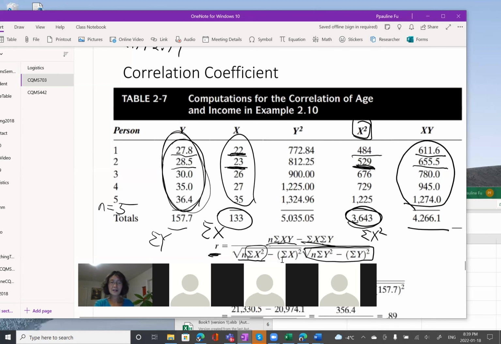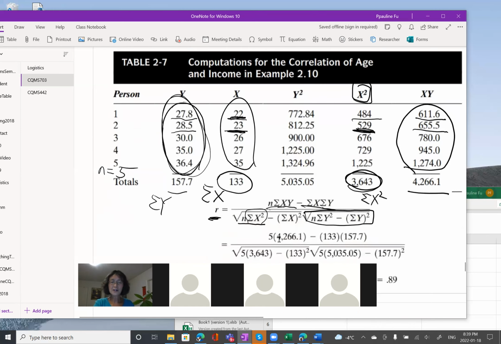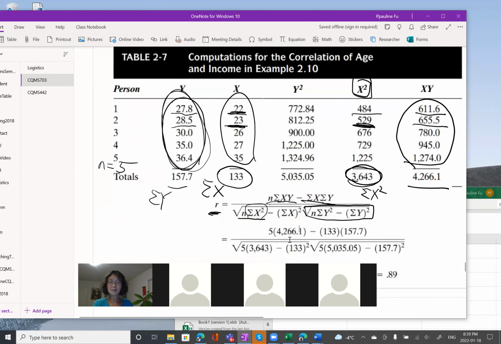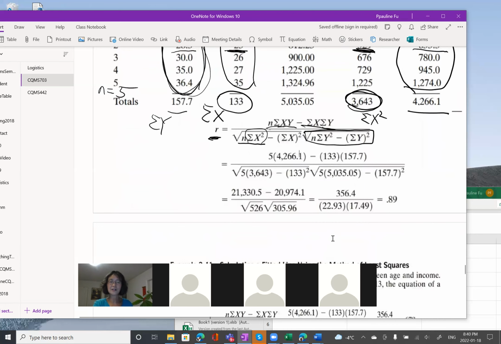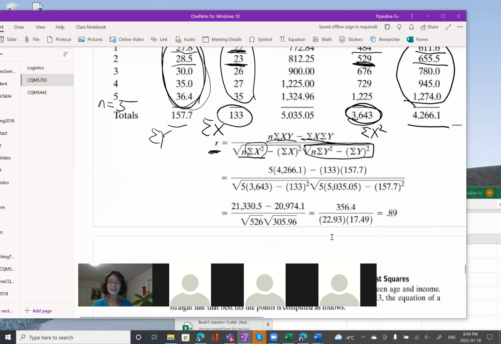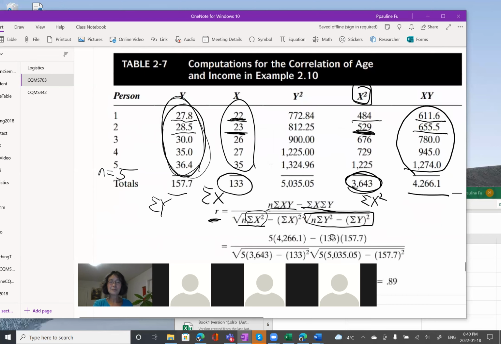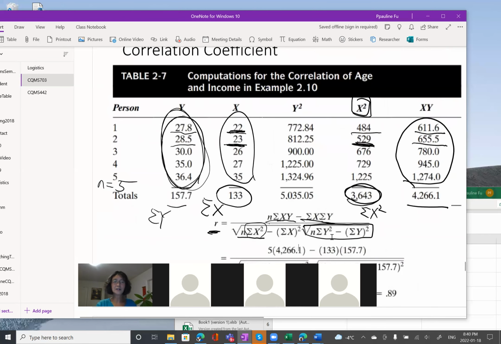Okay, any questions? Using technology, this is the result. Plug in all the required numbers and you can get the result. The result is positive 0.89. This number is positive, which means when you increase x, y also increases.